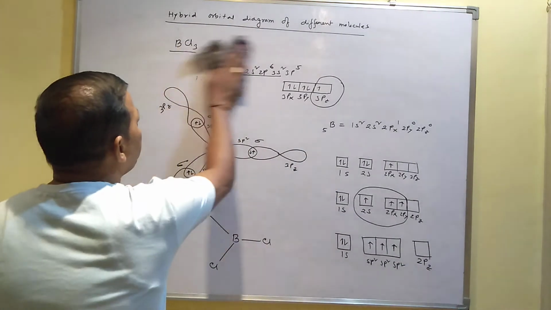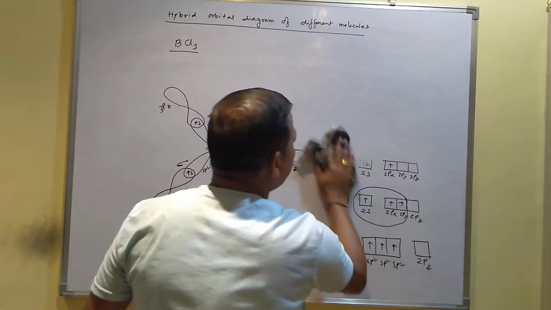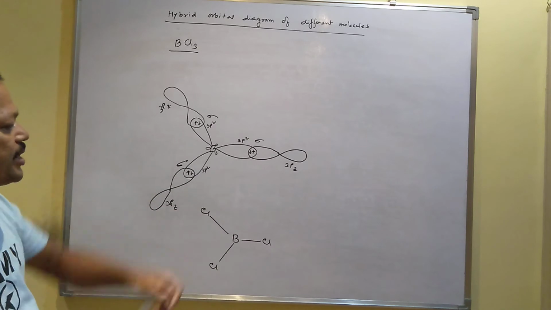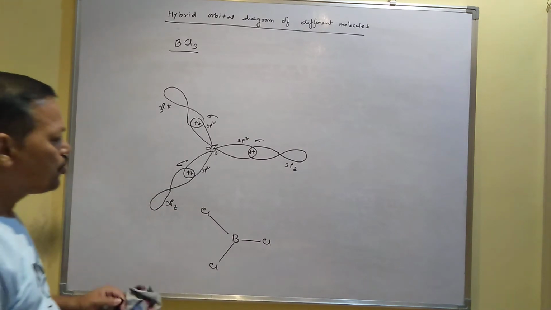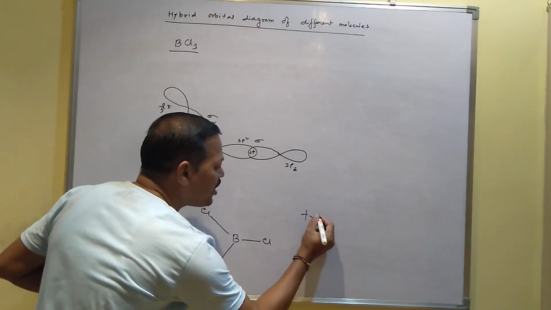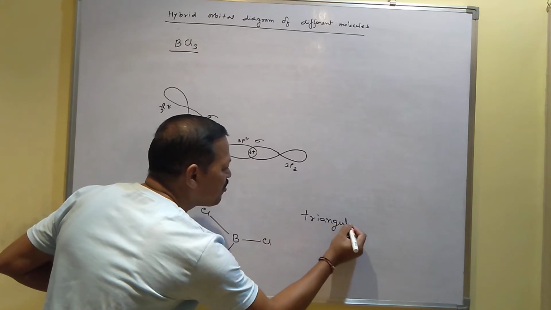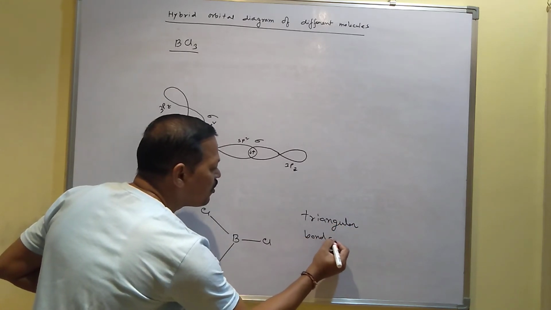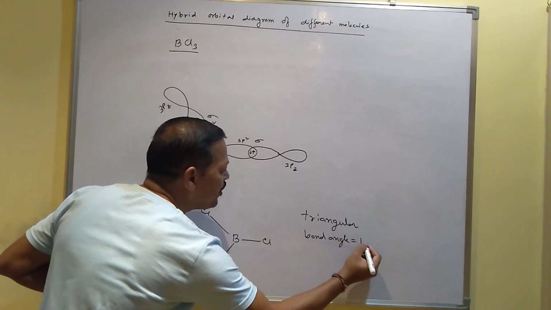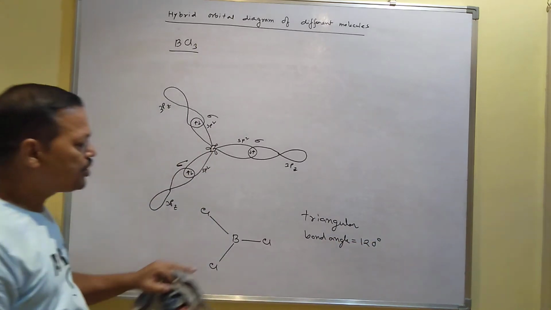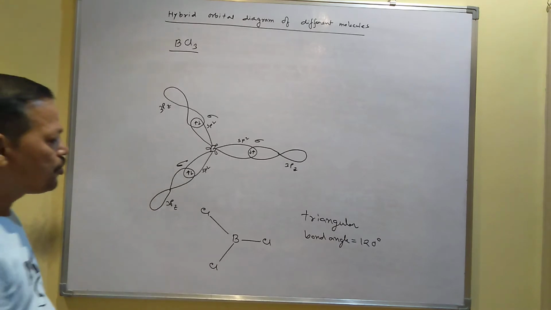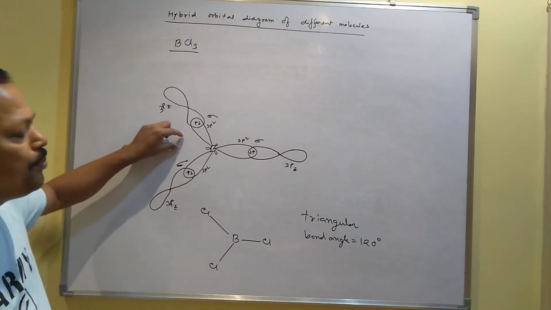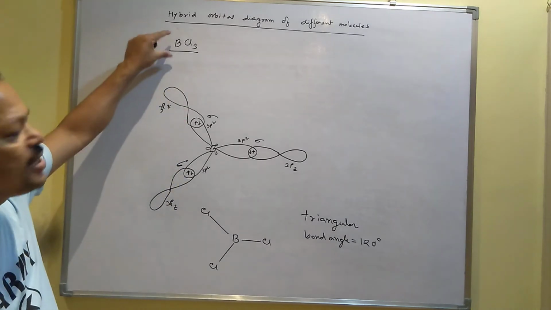And since it undergoes sp2 hybridization, its shape is triangular, and the bond angle will be exactly 120 degrees, because boron does not have any lone pair. So exactly a 120 degree bond angle you will get. This is called the hybrid orbital diagram of the BCl3 molecule.